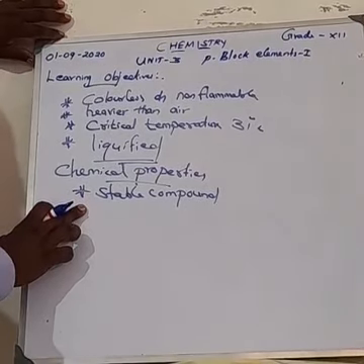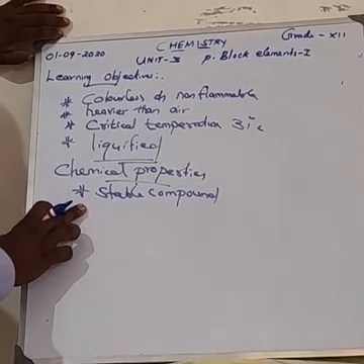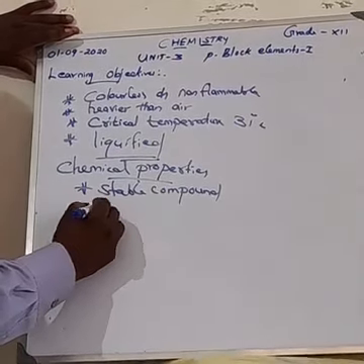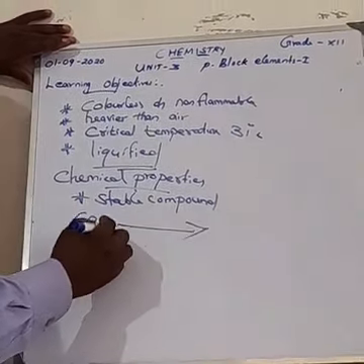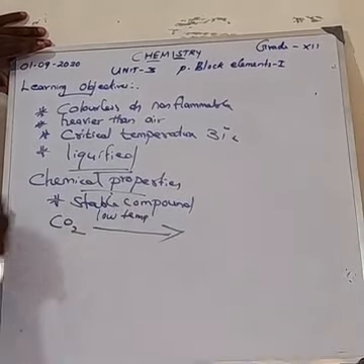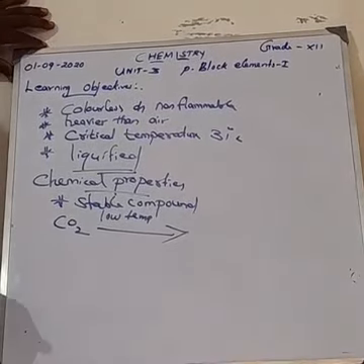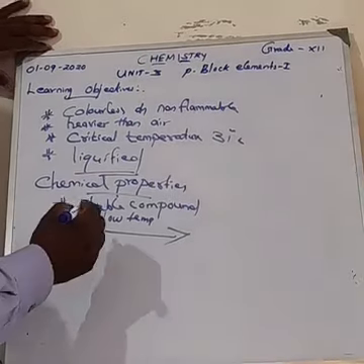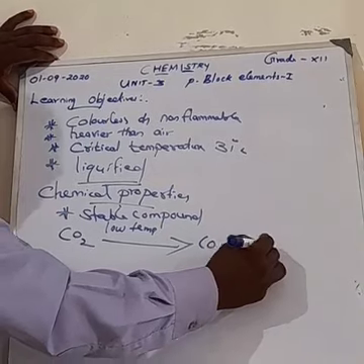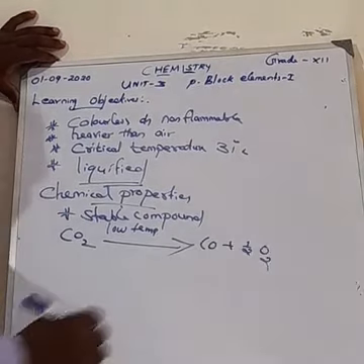Carbon dioxide on heating at a low temperature and also heating at a high temperature. First of all, carbon dioxide on heating at low temperature, we get carbon monoxide and half oxygen, O2.